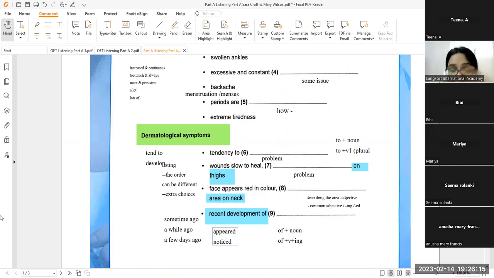During that time, all these things should come to your mind. The purpose of prediction is to make yourself as aware of the audio as you can before you listen to it. So you know what to expect, and you thoroughly know what you're looking for. That way, irrespective of what accent they are using, you should be able to get your answers. That's the goal. All of you take a second, go through it.